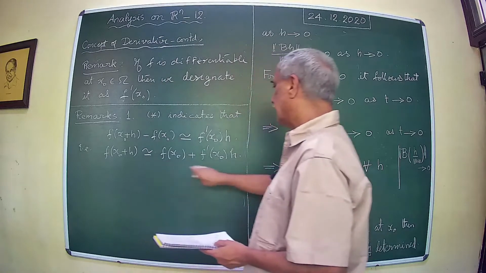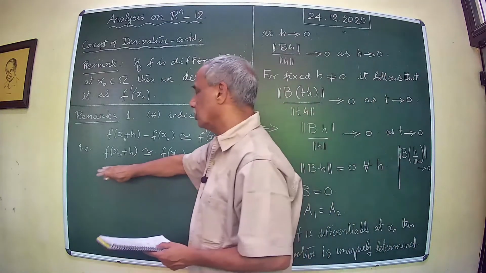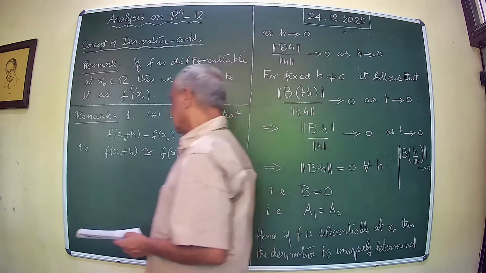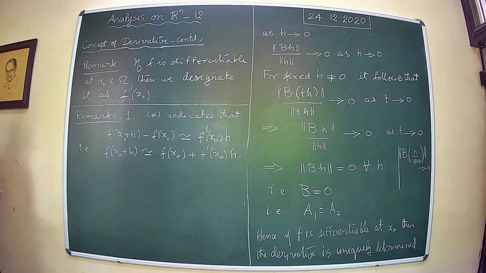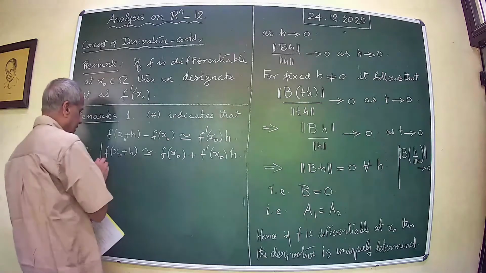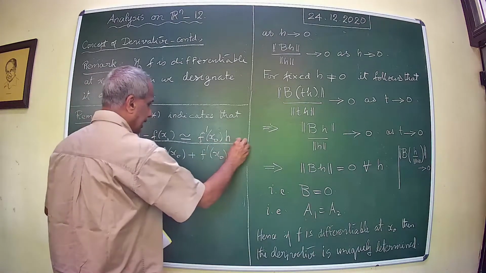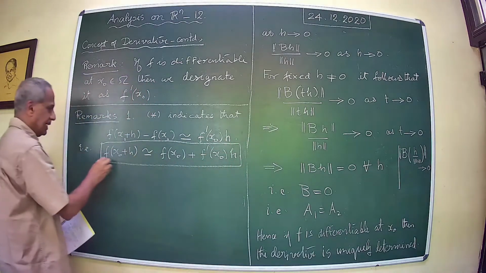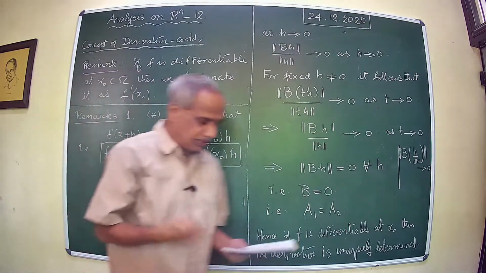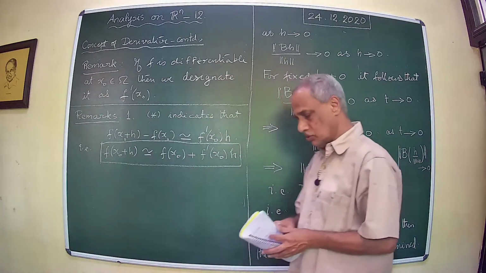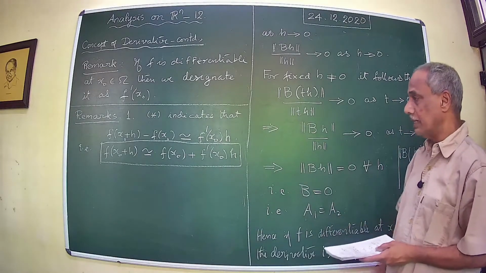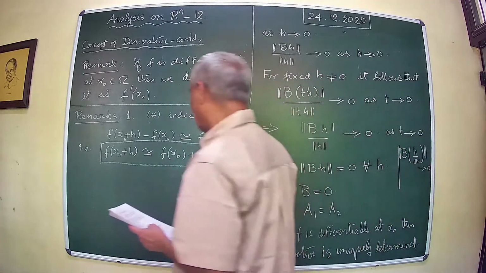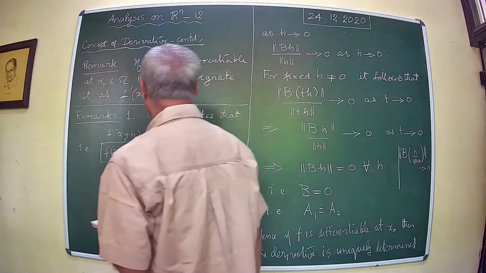That is, this is the linear approximation to the function f in the neighborhood of the point x naught. Okay, so this is an insight into what exactly is going on. So we will go to it and look at this more clearly, in one dimension, what it exactly means.